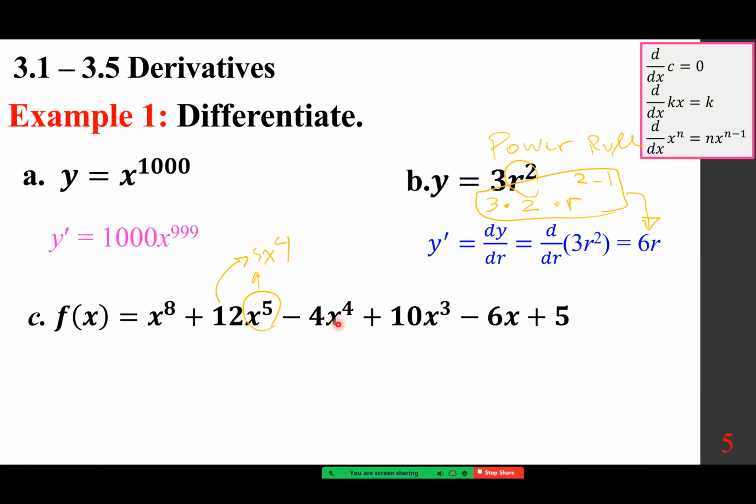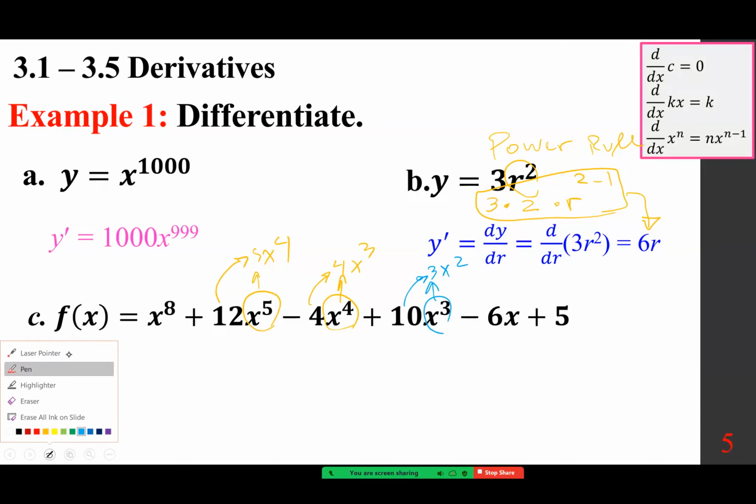Beautiful, because it's negative 4 times 4x cubed. 10x cubed. 30x to the power of 2. Perfect, because this is 3x squared times 10. How about minus 6x?